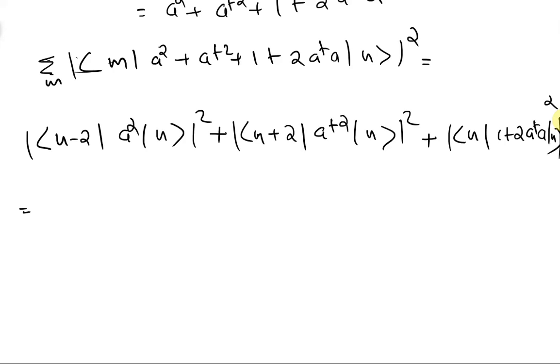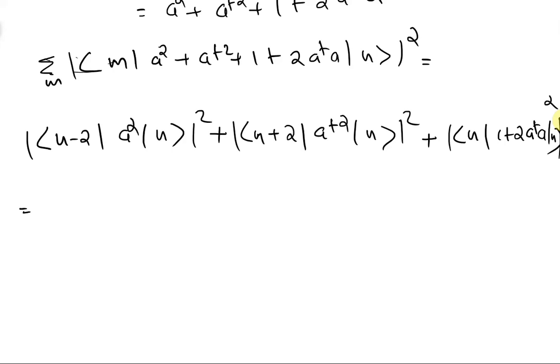So what these values are actually: a is acting on n, produces n minus 2, and that is nothing but 1. What is the coefficient which is coming? The n value produced.